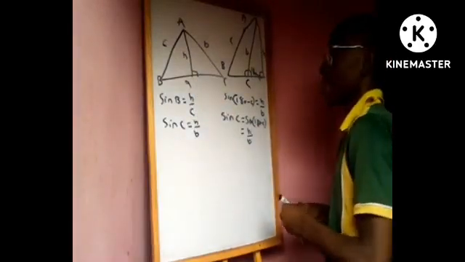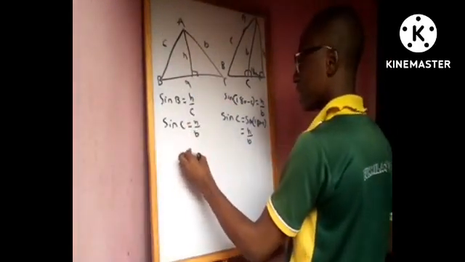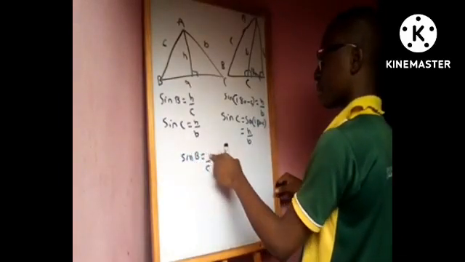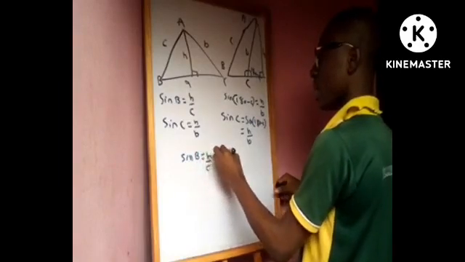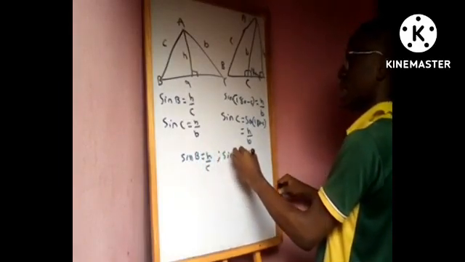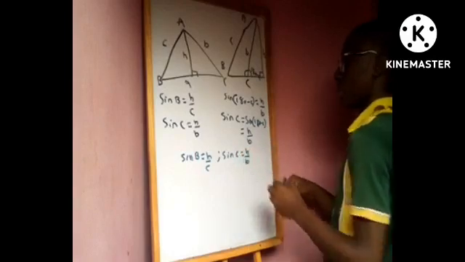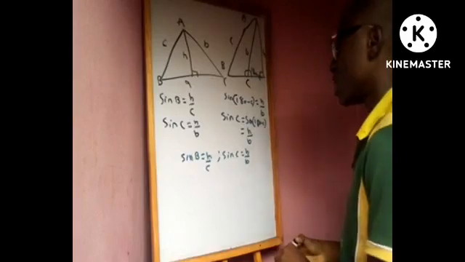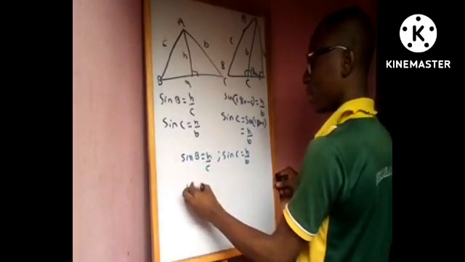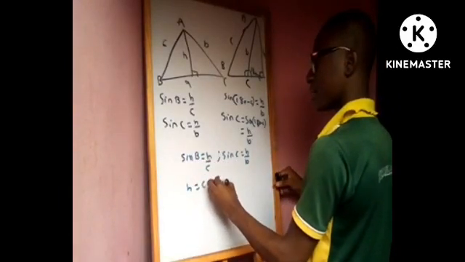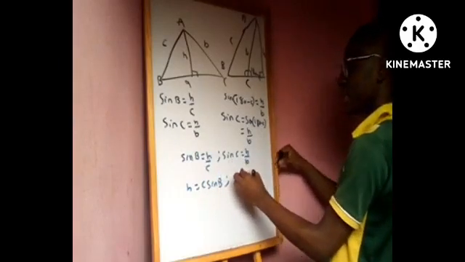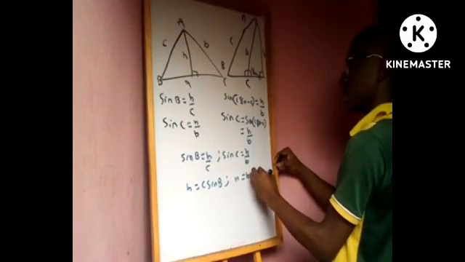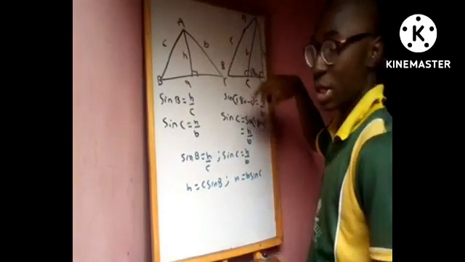If we combine these equations together, we have sine B is equal to H over C, and also sine C is equal to H over B. If we cross multiply, H equals C sine B, and at the same time H equals B sine C, since H is constant, they both have the same height.